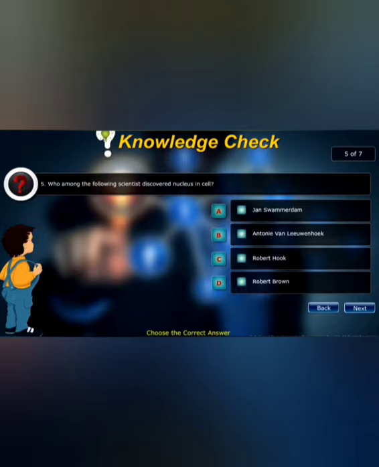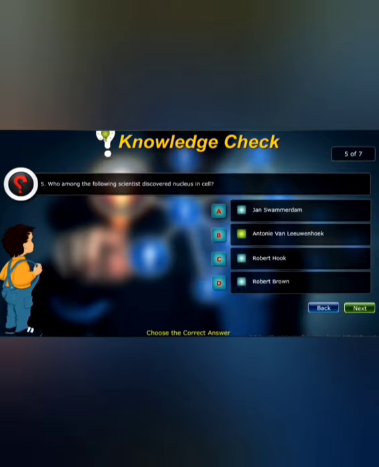Question number 5. Who among the following scientists discovered nucleus in cell? Option A. Jan Swammerdam. Option B. Antony van Leeuwenhoek. Option C. Robert Hooke. Option D. Robert Brown. Question number 6.